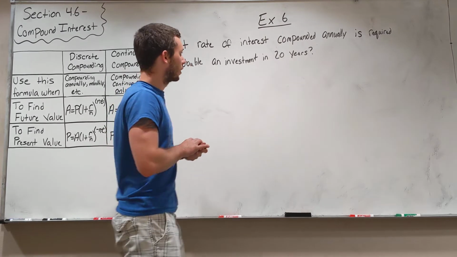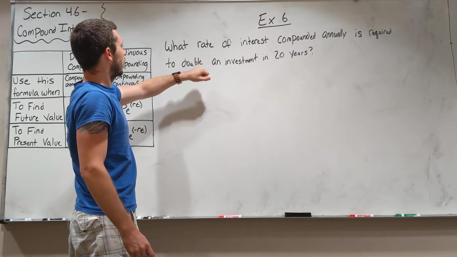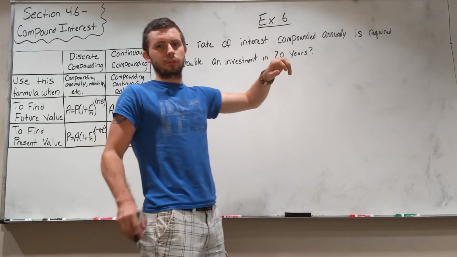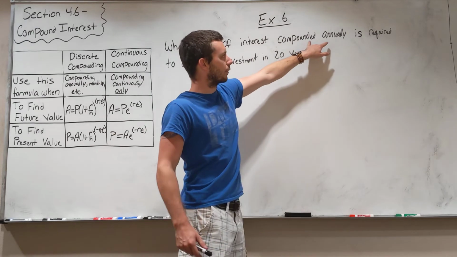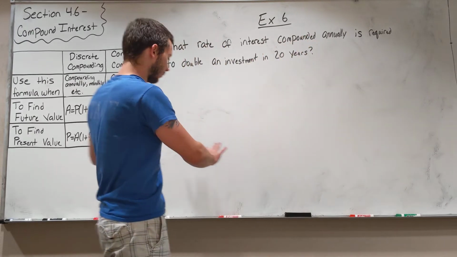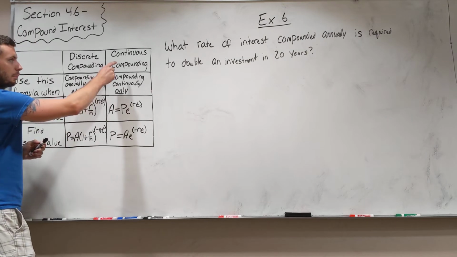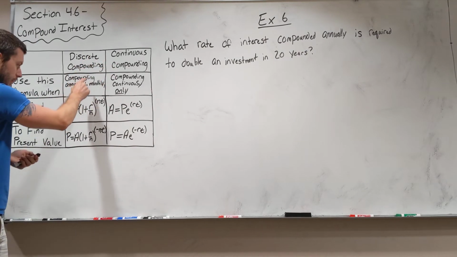and decay. But in this problem, we're looking for the rate of interest and something about doubling an investment in 20 years. So they give us some vague information. If anything, they give us compound annually. We're going to go back to figuring out what formula this corresponds to. Compound annually tells us that this is a discrete compounding problem.